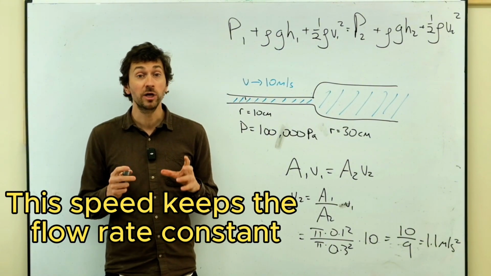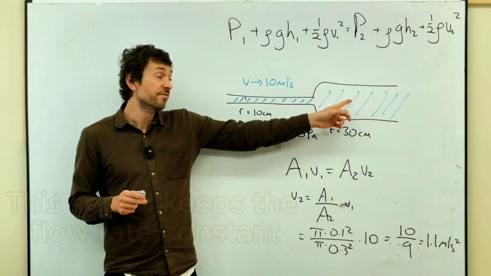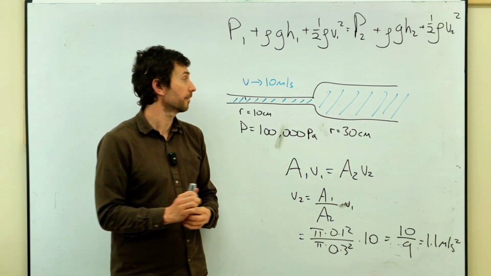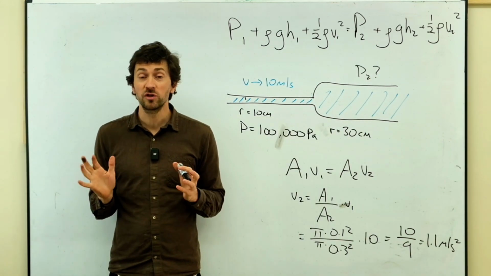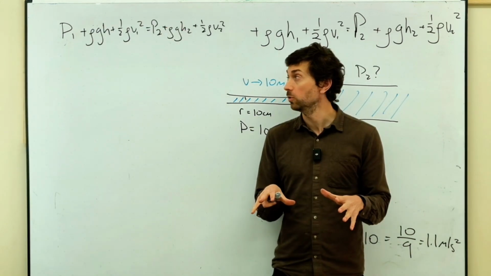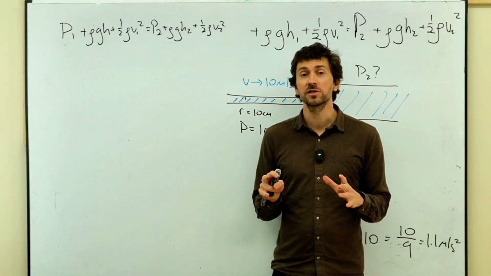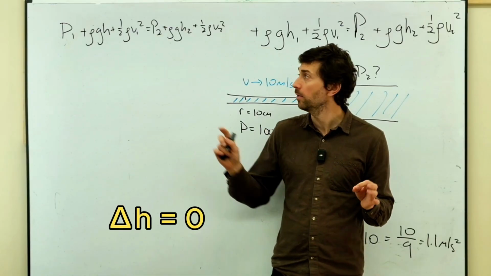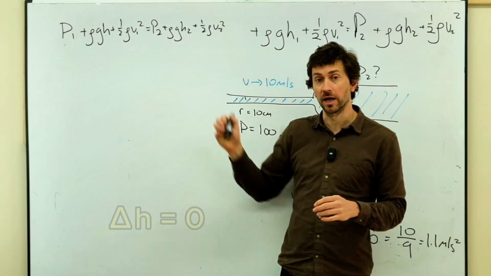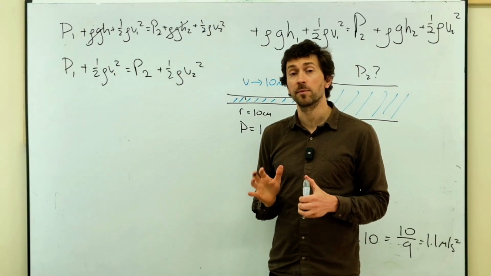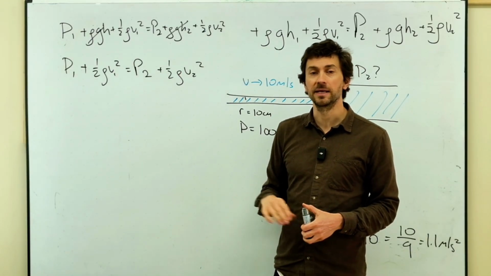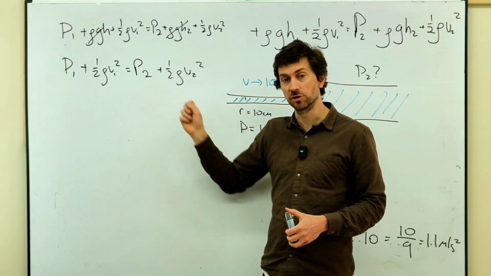So now we can use Bernoulli's equation and figure out what the pressure is going to be here. So let's write down Bernoulli's equation again. So what do we say? The first thing we can say is the heights are the same, so these two terms will cancel. So we can calculate pressure 2 already. It's going to be this left side minus that term there.